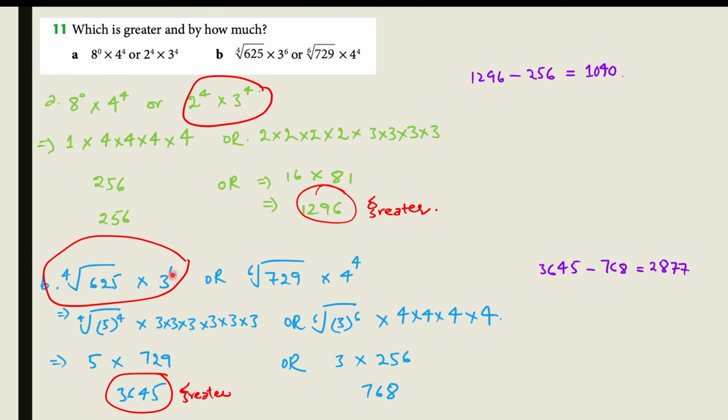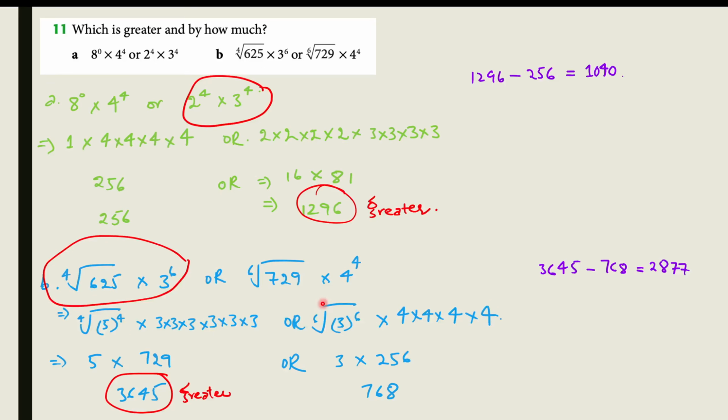And 3 raised to the power of 6 means 3 multiplied by 3 multiplied by 3 multiplied by 3 multiplied by 3 multiplied by 3, which is equal to 729. So 5 multiplied by 729 is equal to 3645.